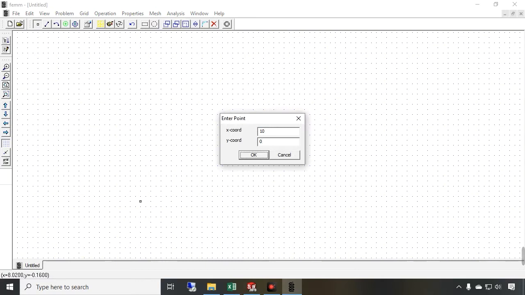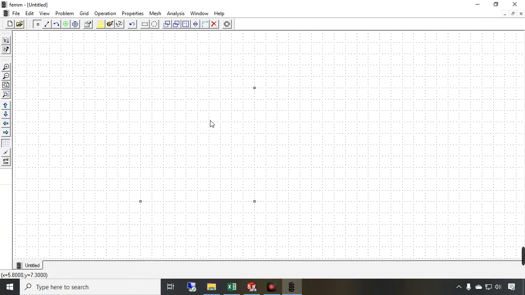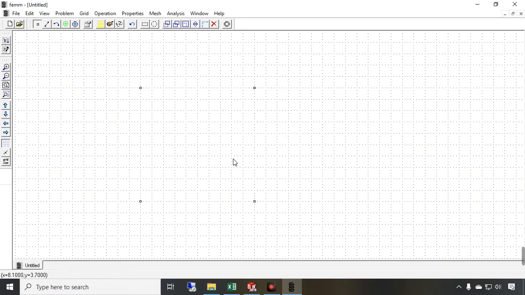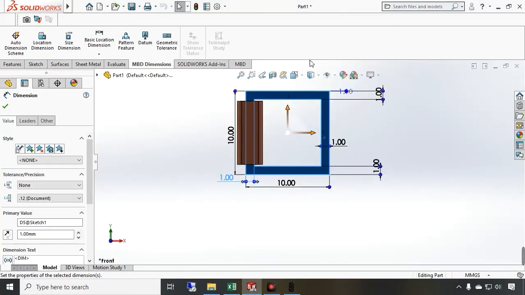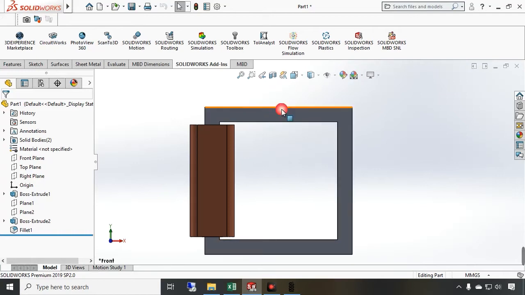This is 10 and 0. Tab key 10 and 10. This point. And finally tab key 0 and 10. These 4 points. So we can draw this square, this edge, this edge, this edge, and this one.